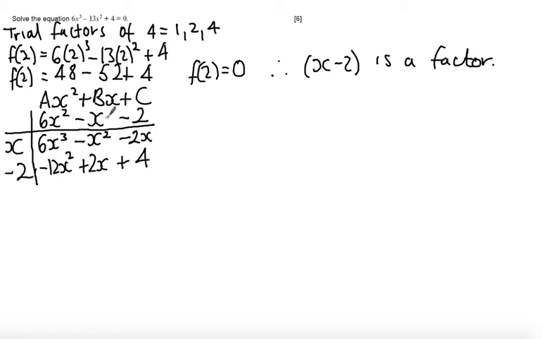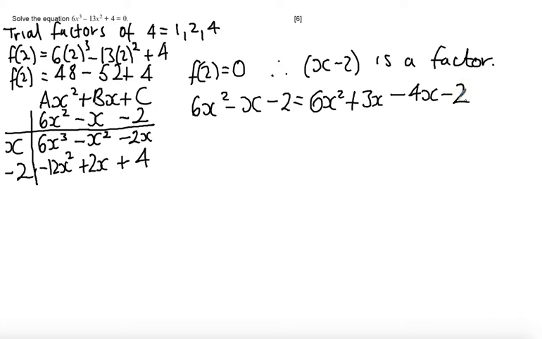Okay, we're nearly there now. I've got my initial factor, x minus 2. What I want to do now is factorize my quadratic, 6x squared minus x minus 2. 6 times minus 2 is minus 12. Factors of minus 12 with a difference of 1 would be minus 4 and plus 3. So 6x squared plus 3x minus 4x minus 2.